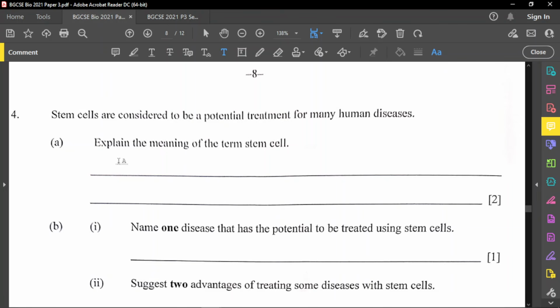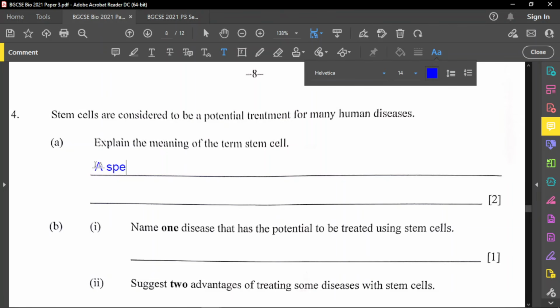a special cell that can be divided to produce many different types of cell.